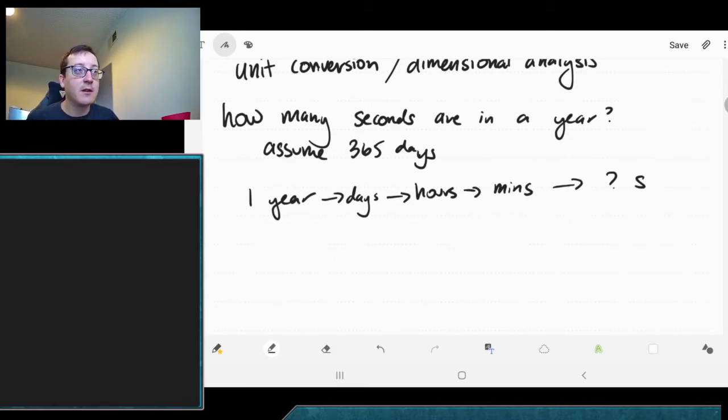You know there's 60 seconds in a minute, 60 minutes in an hour, 24 hours in a day, 365 days in a year. So we already know what are called conversion factors going between these.